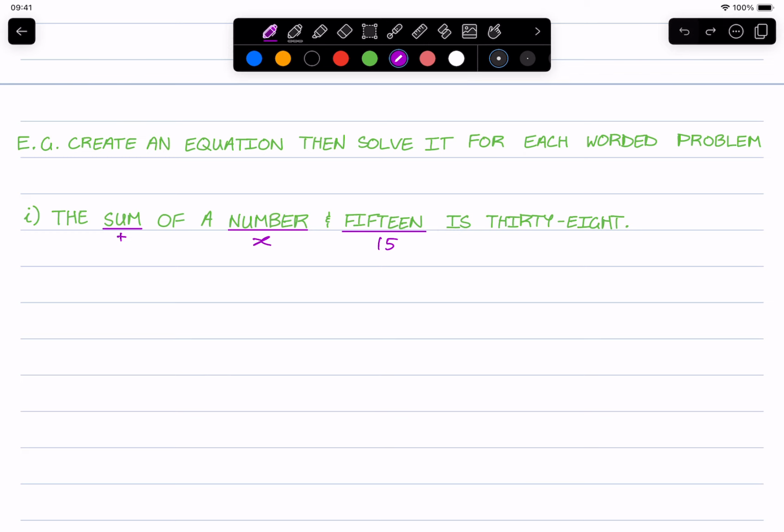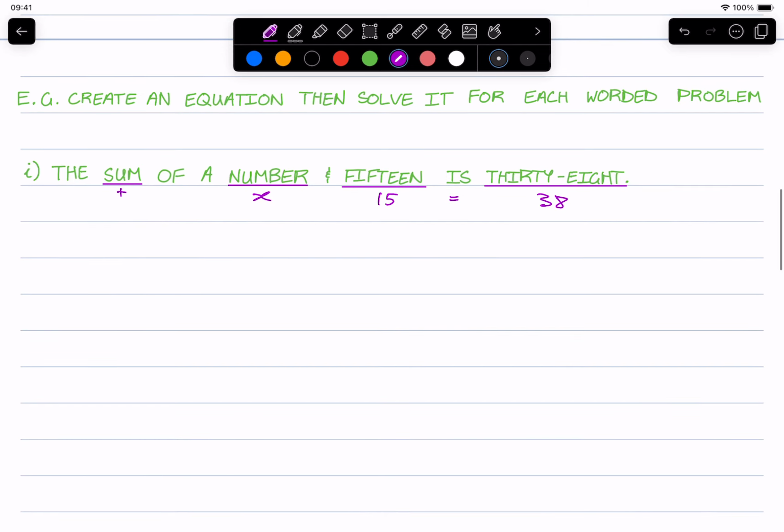Another one is often saying that it's equal to or is equivalent to or something like that. And 38, well, that's the number 38. Now converting this into an equation, we get X plus 15 equals 38.